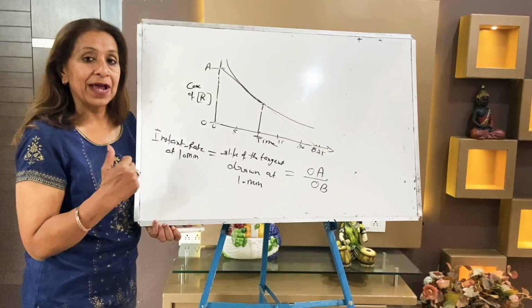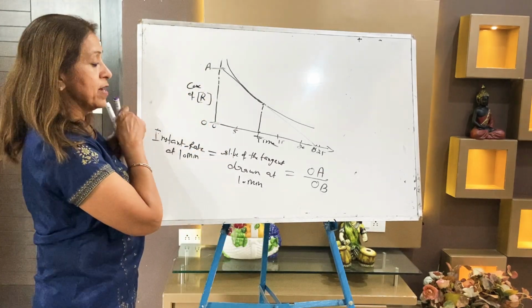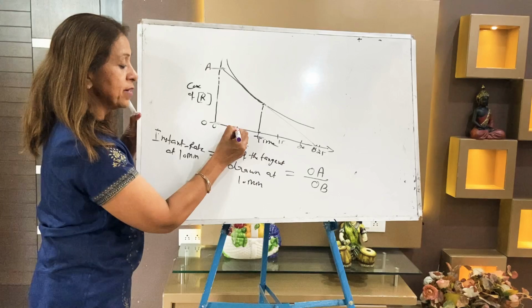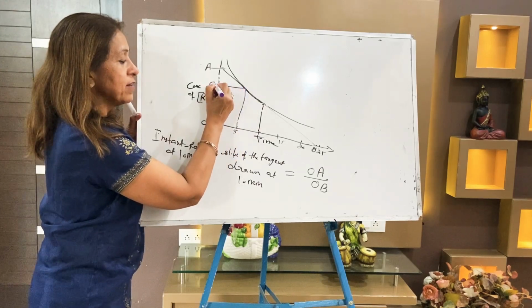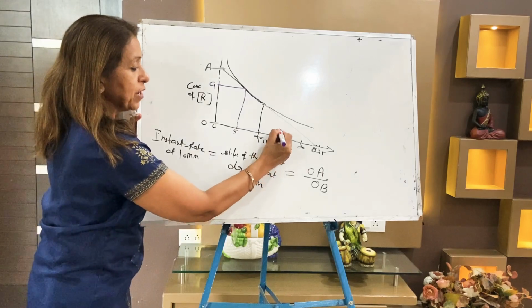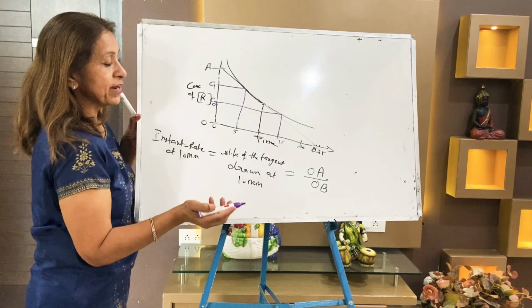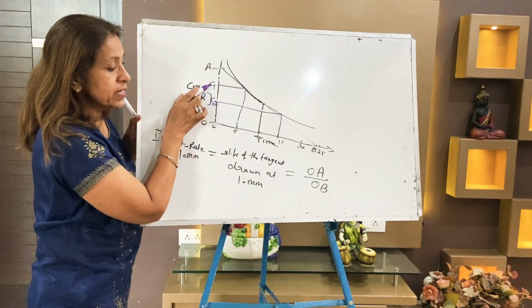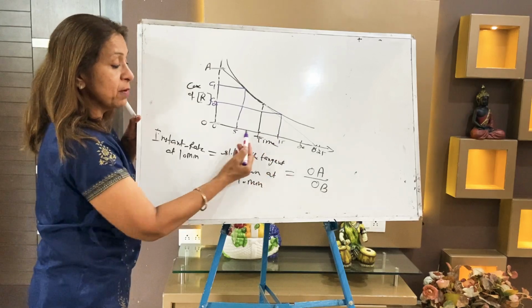Now if you want to calculate the average rate, let's say you have selected 5 minutes. What will you do at 5 minutes? At 5 minutes, what is the concentration? It is C1, write down C1. At 15 minutes, the concentration is C2. So the average rate is C2 minus C1 divided by 15 minus 5.